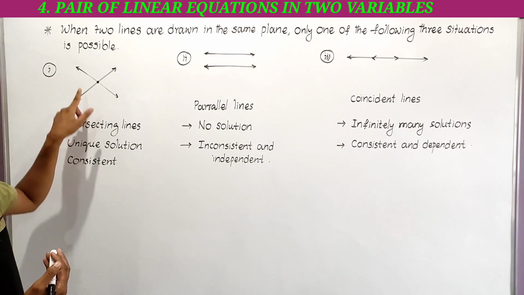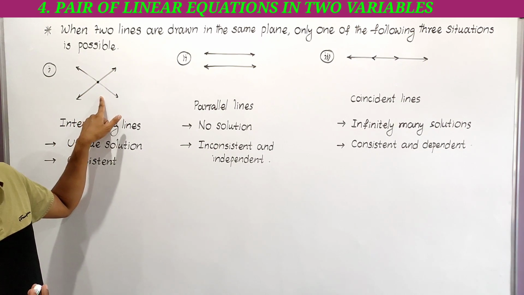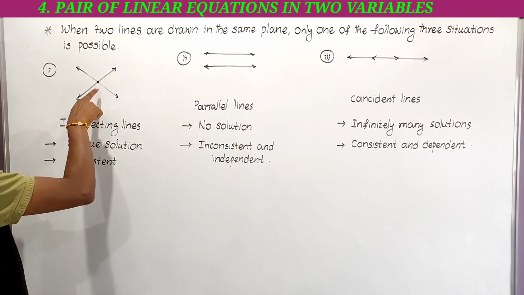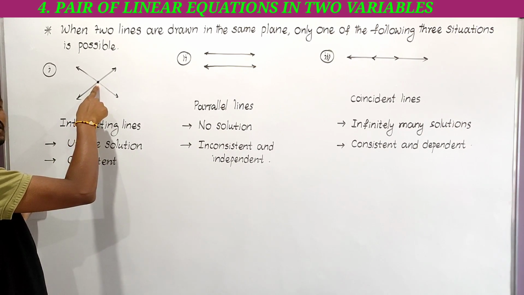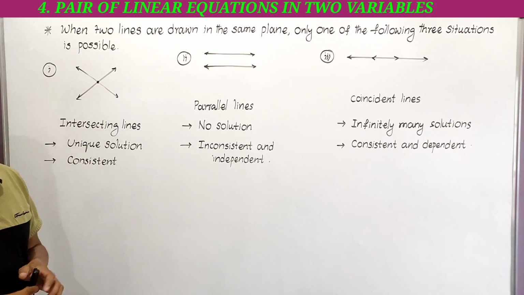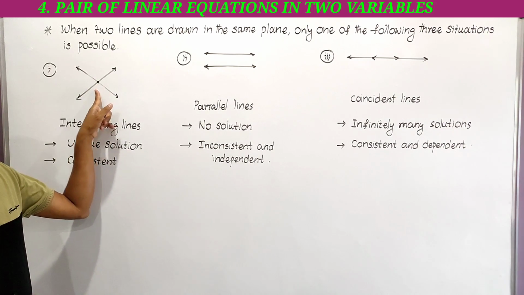So the first situation: suppose we draw like this, these lines are called intersecting lines. They have one common point, which is called the point of intersection. It is the solution itself for the two intersecting lines.